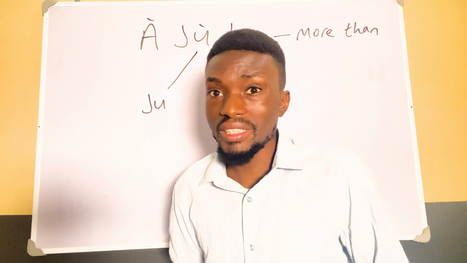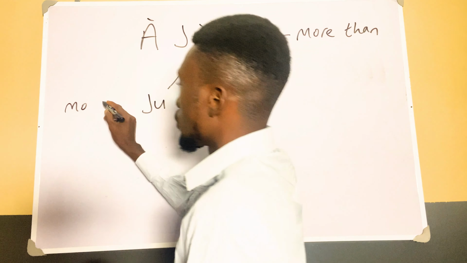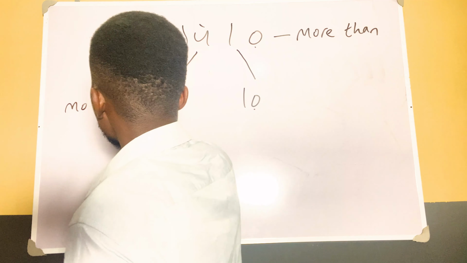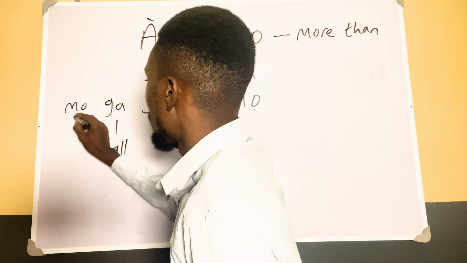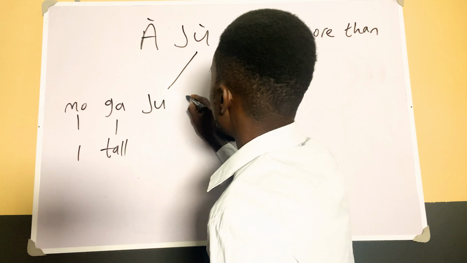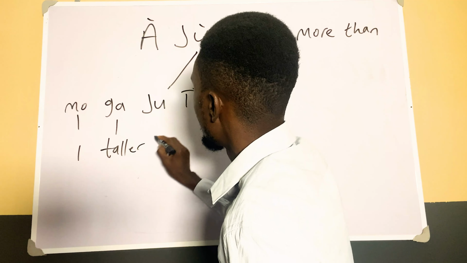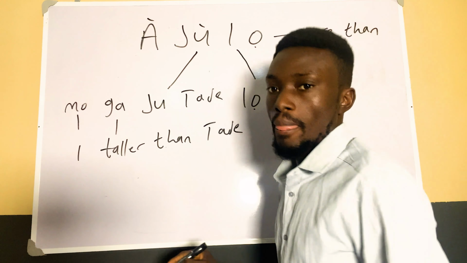So if you are comparing height, it will be mo. Instead of just jumping to ju, your object of comparison will come. So moga, ga is tall. This is I. Moga ju tade lo, that is I'm taller than tade.